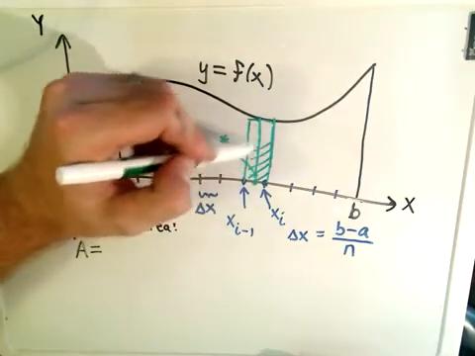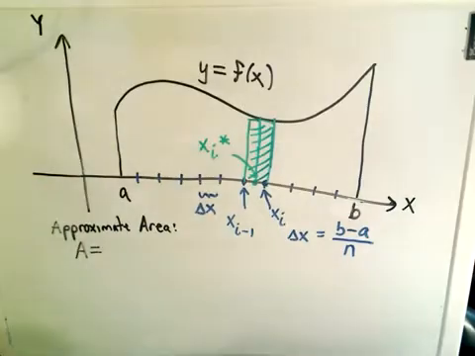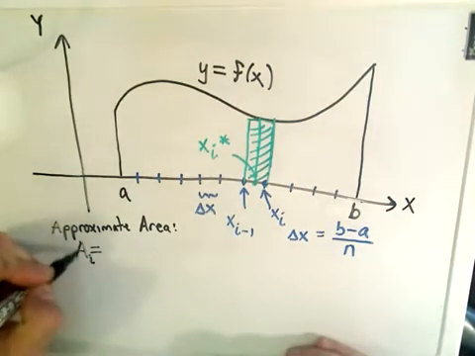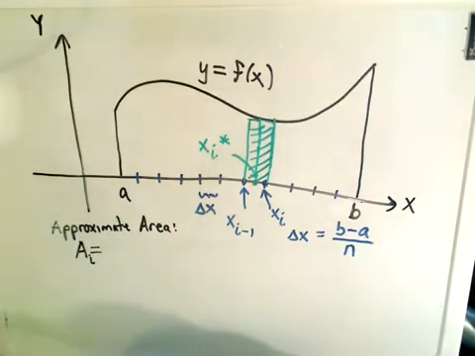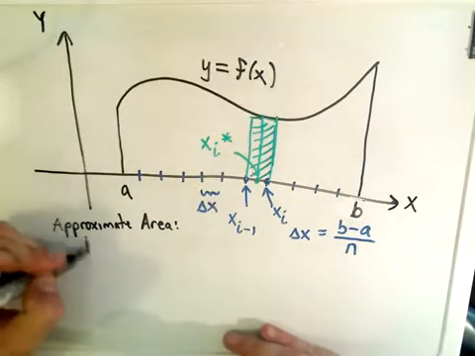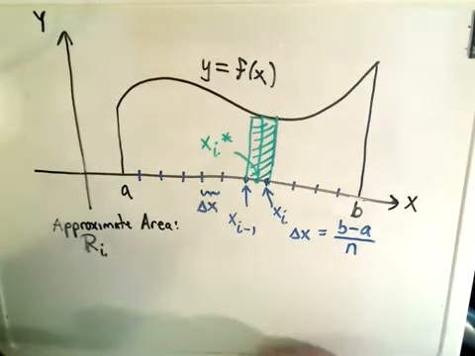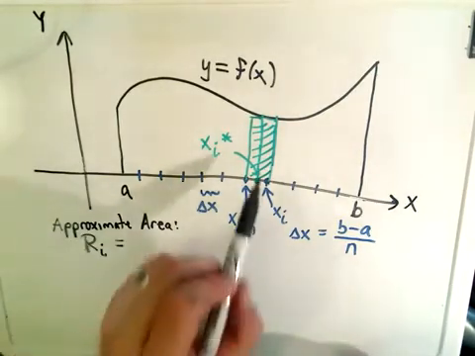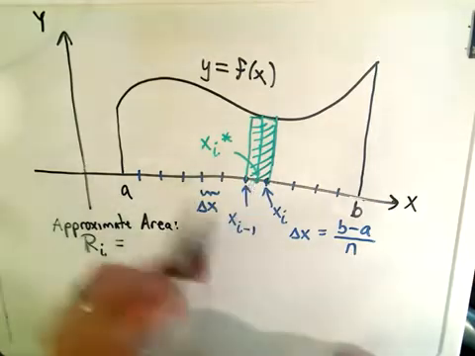Now I've got a little rectangle. Let me call the area of the ith rectangle r sub i. What is the area of this green rectangle?